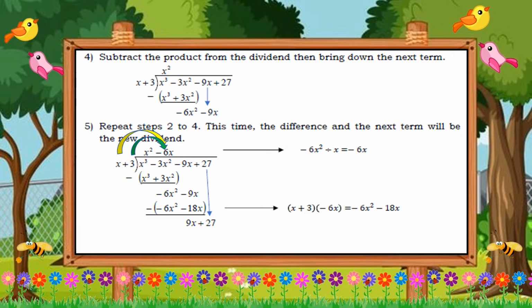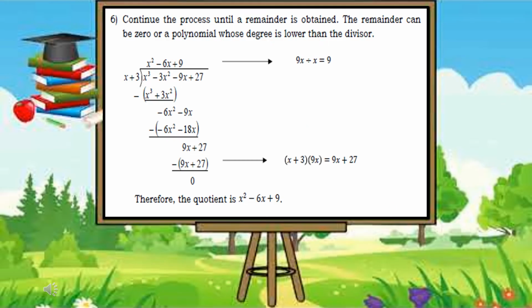Therefore, x plus 3 times negative 6x will give you negative 6x squared minus 18x. So our answer is 9x plus 27. Continue the process until a remainder is obtained. The remainder can be 0 or a polynomial whose degree is lower than the divisor.